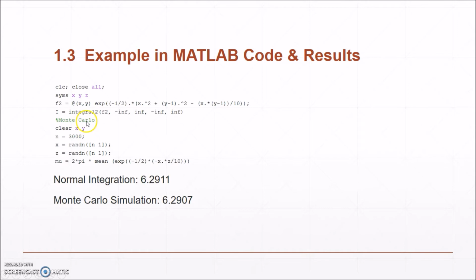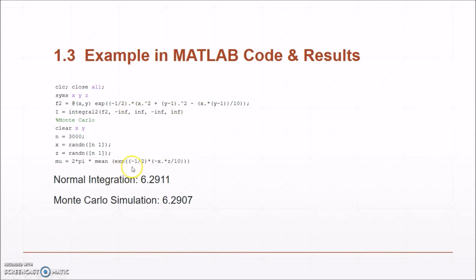Now, if we do it through Monte Carlo's method, we do 3,000 simulations. We can set this number as high or low as we'd like. We generate random variables and assign them to the x value, and random variables and assign them to the z value, 3,000 of them. Then we look at the equation itself. We've seen that it has a normal distribution integrated into it, so we factor out a normal distribution.